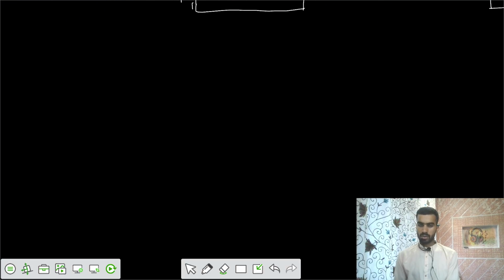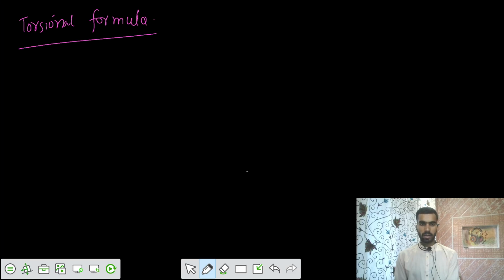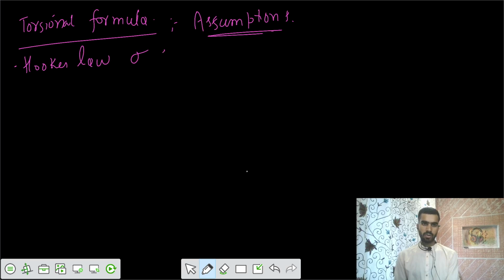So now we have to derive the formula of torsion, the torsional formula. Before that, we need some assumptions. First one is Hooke's law, that is, stress proportional to strain.